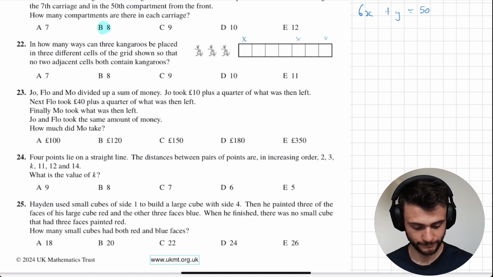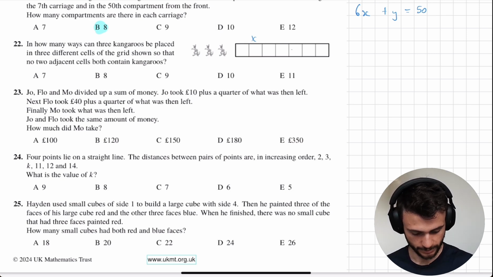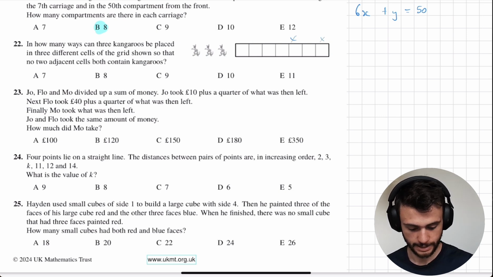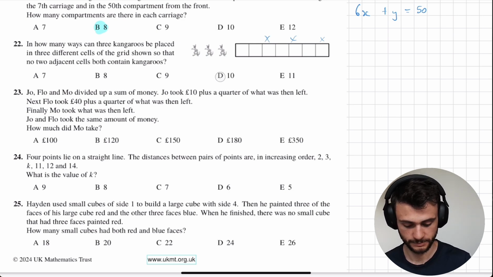And then once you've done that, you're going to have to move the first one, number 7, number 8, where was I? Number 9, and number 10. And there's no more that we can do. So the answer here will be 10.